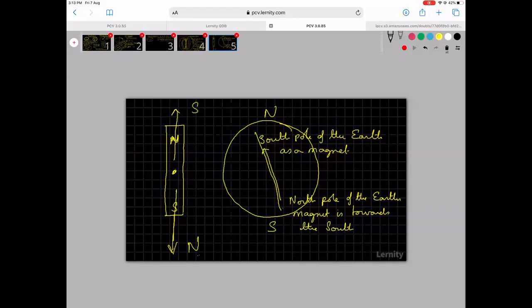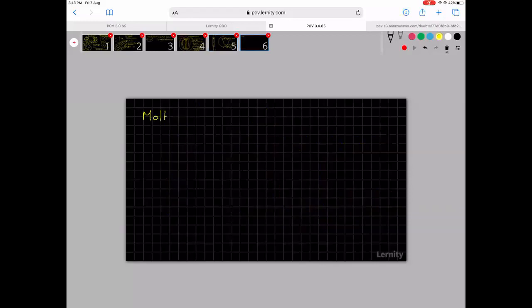Now, deep inside the Earth, we have this molten metal, which is in a constant agitated state. Because of the movement of the molten metal inside the Earth's crust, there are lots of free electrons, and the movement of those free electrons can be treated like current carrying loops.